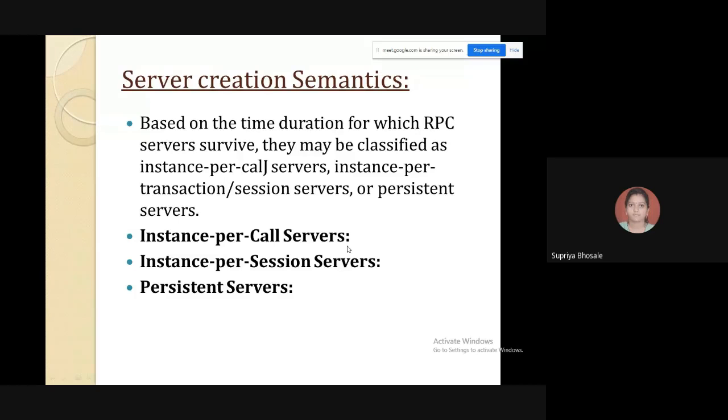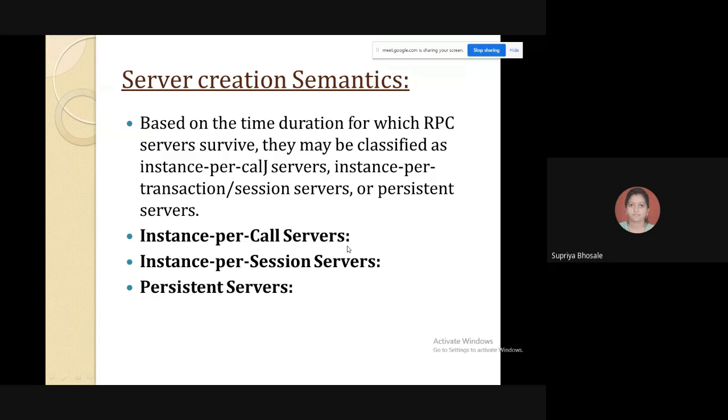In the first, instance per call, you get the overhead for a number of calls, but that is minimized for the second category, that is instance per session type of servers.